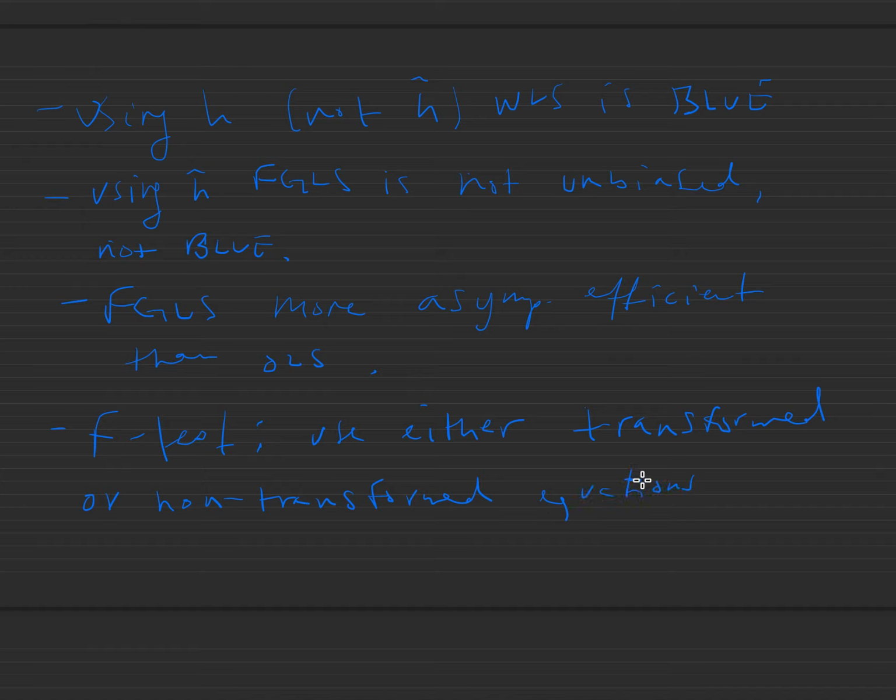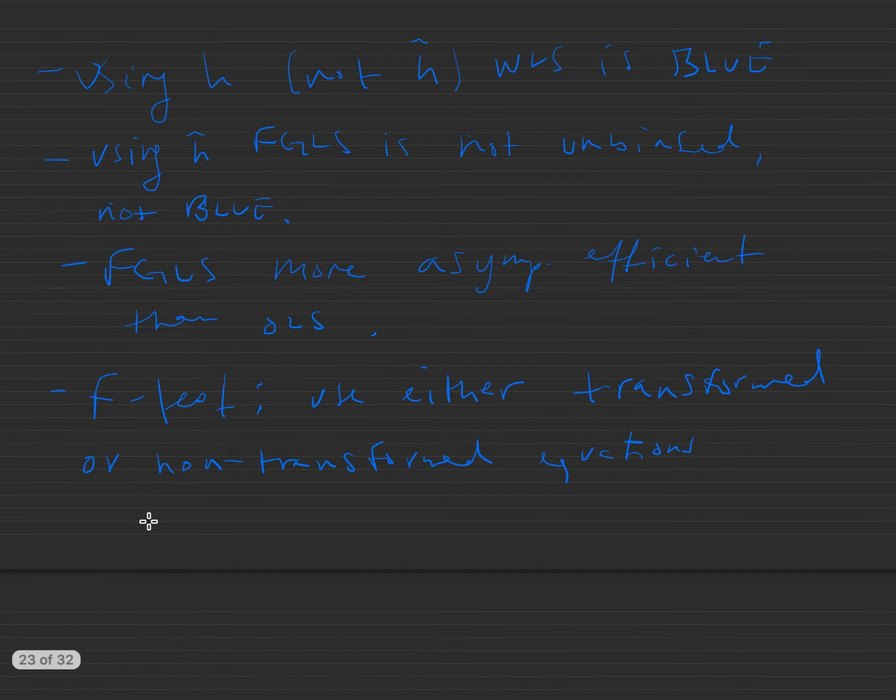You would not want to do an F-test where one equation has been estimated using WLS or FGLS and another equation has been estimated using OLS. A restriction between equations estimated using two different estimators cannot be compared using the F-test.